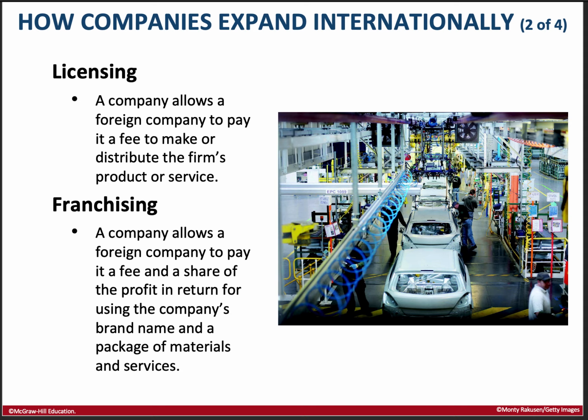So in the textbook, there's an example for licensing, and there's the DuPont Chemical Company, and how they might license a company in Brazil to make Teflon, which is that nonstick substance that you found in a lot of your frying pans. Well, DuPont would be the licensor, and they can make money without having to actually invest large sums of money to conduct business directly in a foreign country.